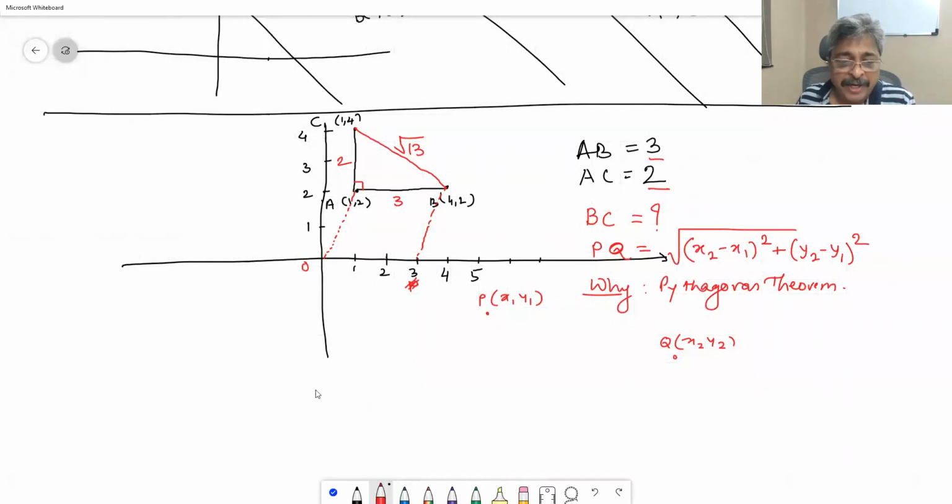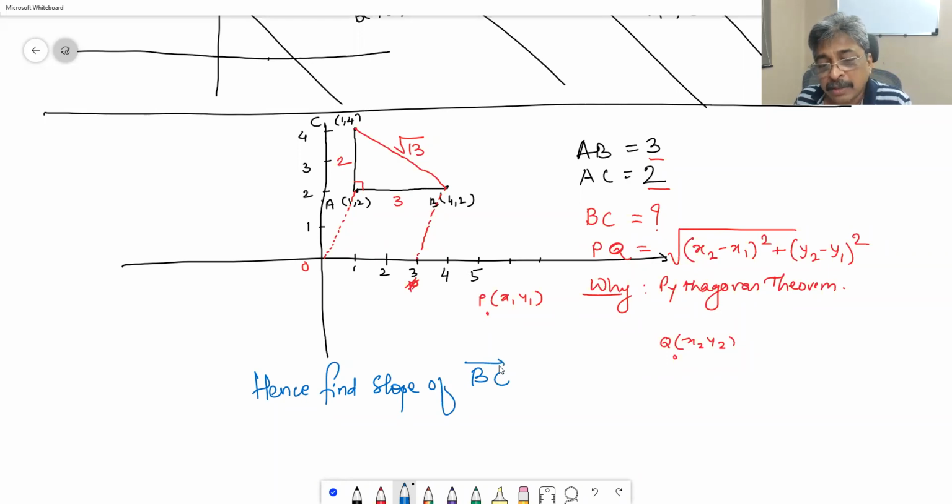Hence, find the slope of line BC, because earlier we were not aware of how to find the distance. Now you know that, therefore what is the slope of BC?